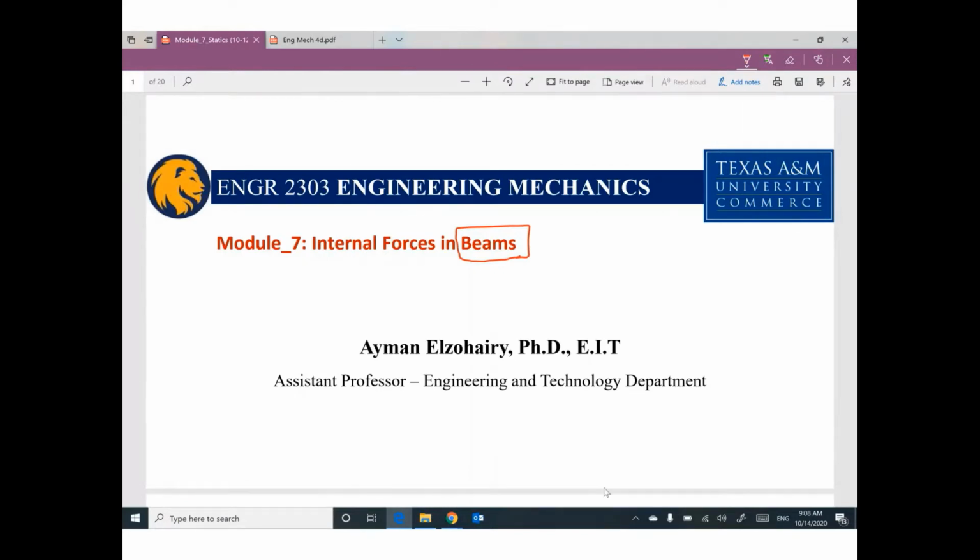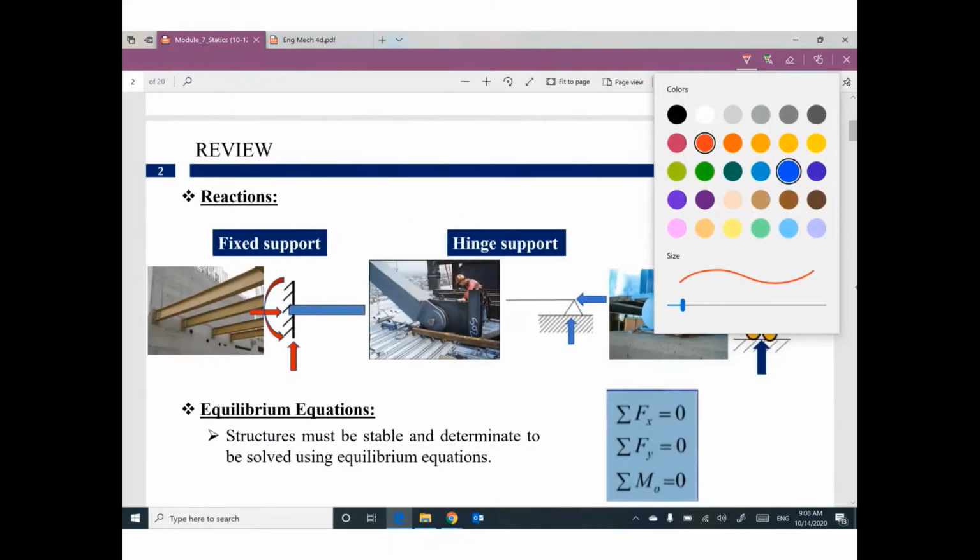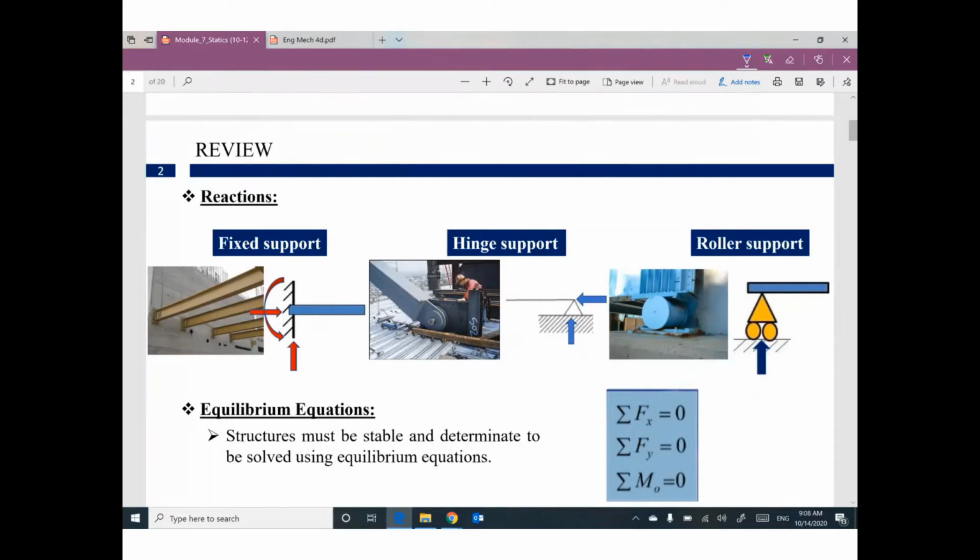Just to give you a review, one day we covered something called reactions, and we learned we have three types of supports. The first one is called fixed support.